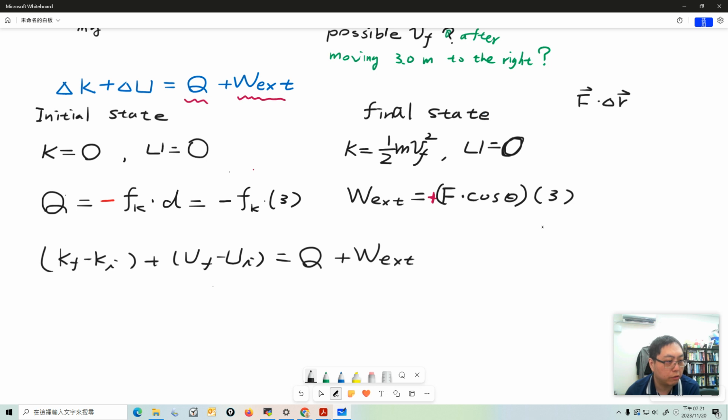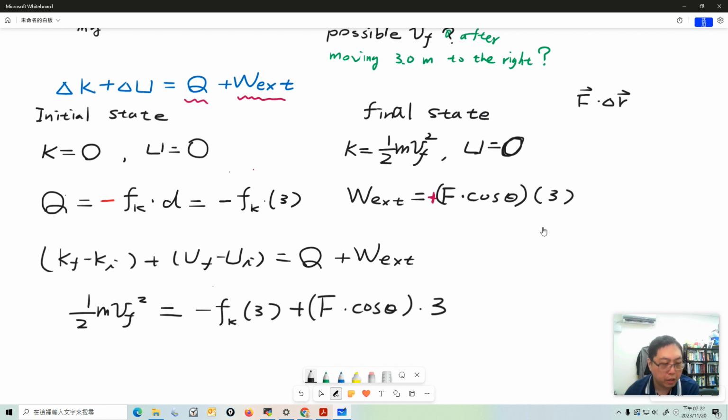The kinetic energy final state minus initial state is 1 over 2 m vf squared. The potential energy difference is 0, so that's 0, very good. And Q is minus Fk times 3. And the work done by the external force is positive F times cosine theta times 3.